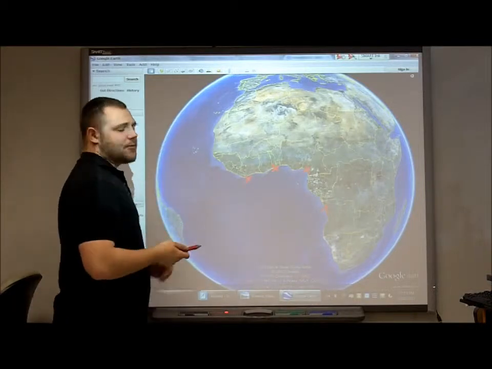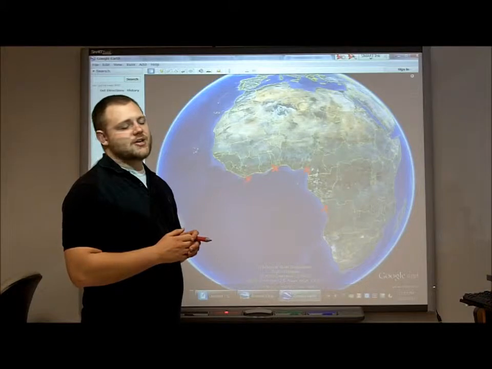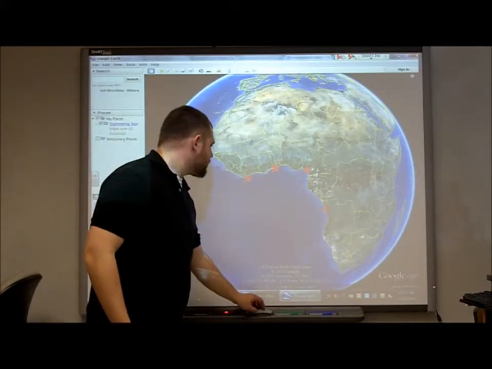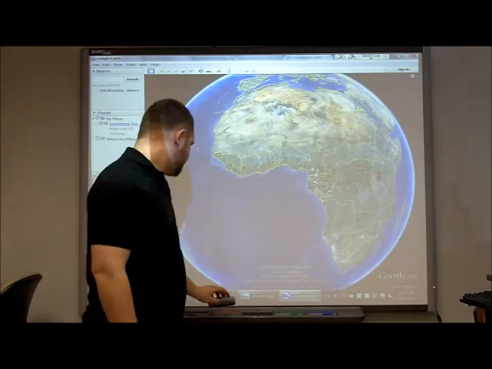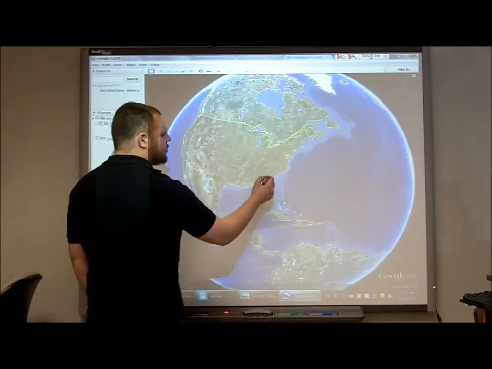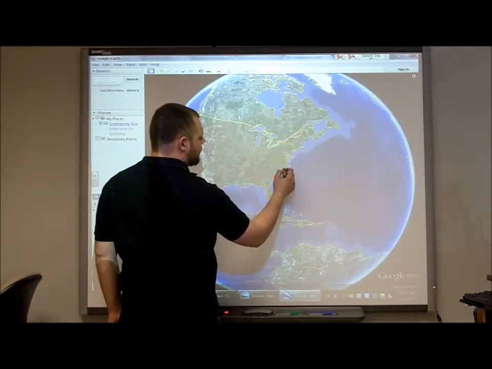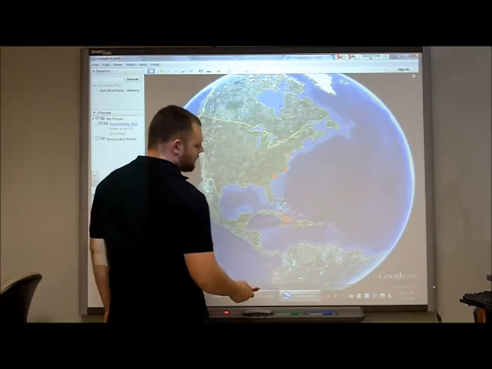Now to move on to mapping out the major areas in the Americas they were taken to, all you have to do is swipe over with the eraser and the marks you put are gone. Now the major areas the slaves were taken to would be Georgia, Virginia, and also the Caribbean too.